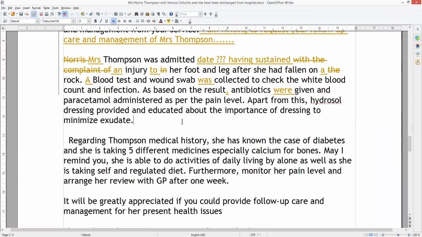Apart from this, hydrosol dressing was provided, and who was educated? We need an object. Well, a subject here because it's passive. Who was educated? I presume you mean Mrs. Thompson. And Mrs. Thompson. Now, I don't know about educated, because that implies a long-term process.